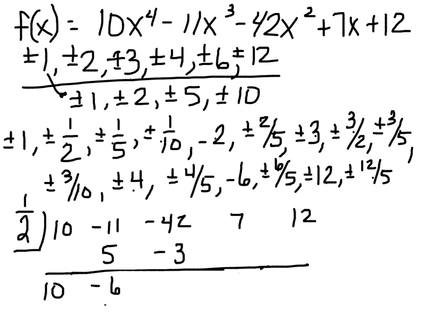Negative 42 minus 3 is negative 45, which makes that negative 45 halves, which makes that negative 31 halves, which makes that negative 31 fourths. Yeah, no. It was a good try.